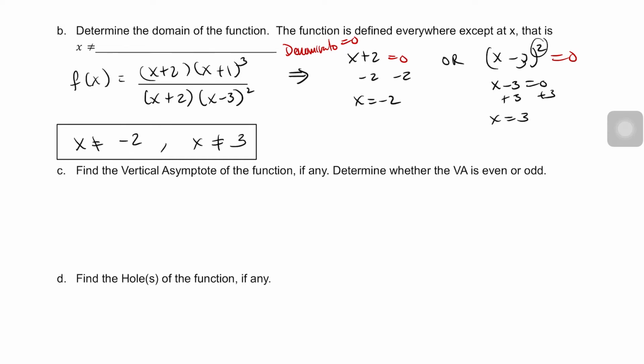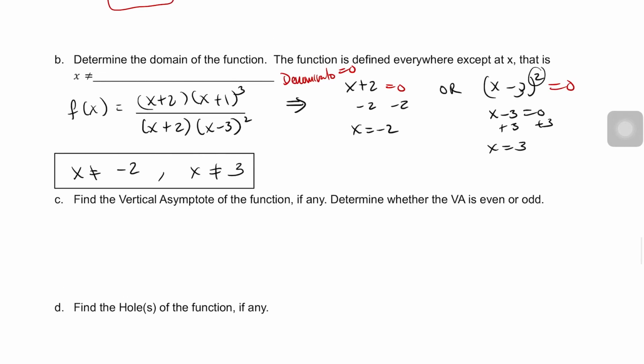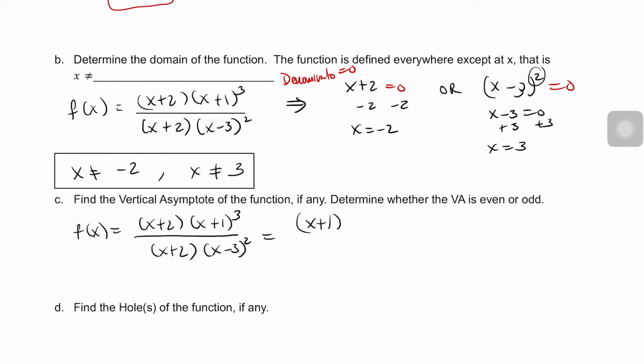The next one is, let's find the vertical asymptote of the function, if any, and determine whether the vertical asymptote is even or odd. When we look at the vertical asymptote, remember that we're trying to understand the behavior of the function. The behavior will be clear whenever we write it in the simplified form, so we want to use the simplified form.